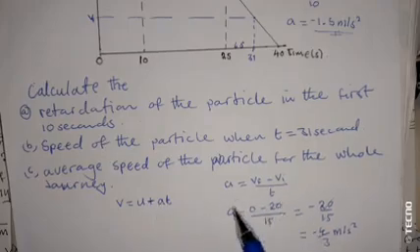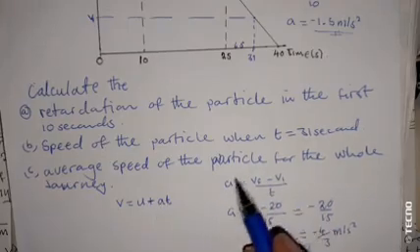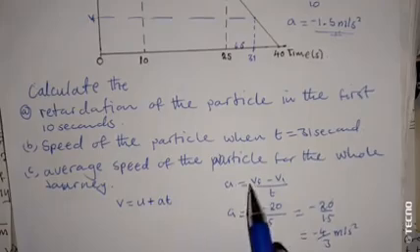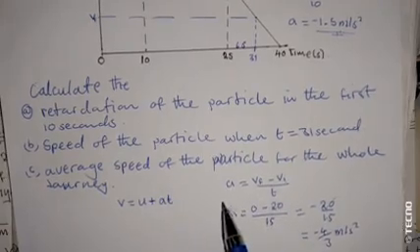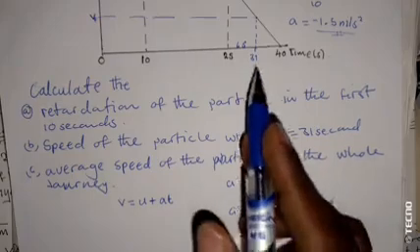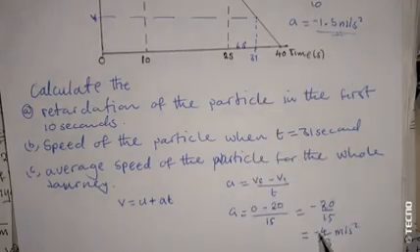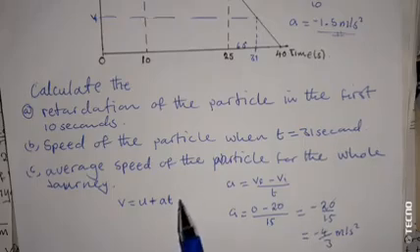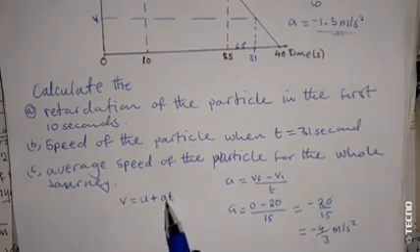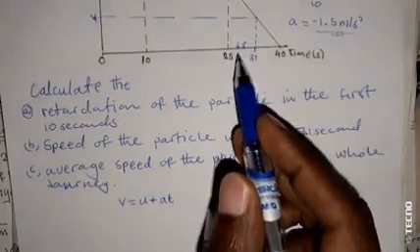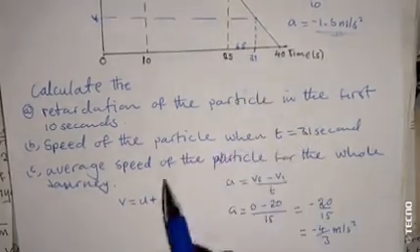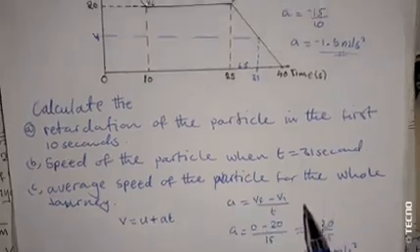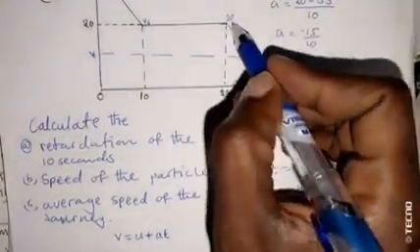This one and this one are one and the same thing, so we can use either one and we are going to get the same answer. Here our gradient or acceleration, we know it's negative 4 over 3. It's the one we replace where there is a. Then time here is 6 seconds. Then initial velocity here is this one, 20.